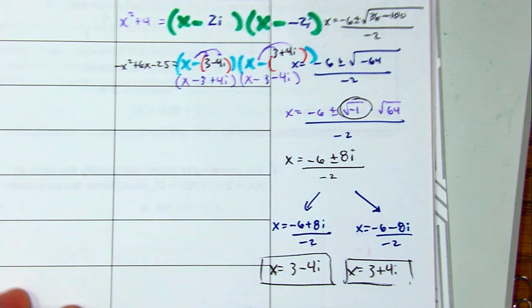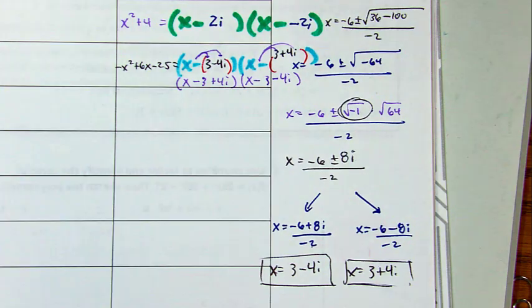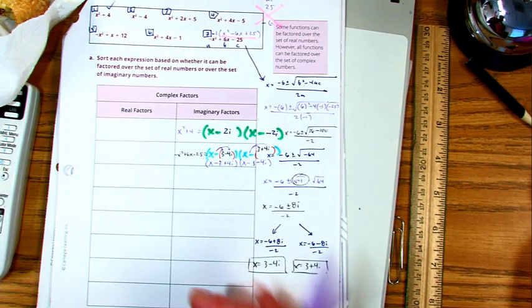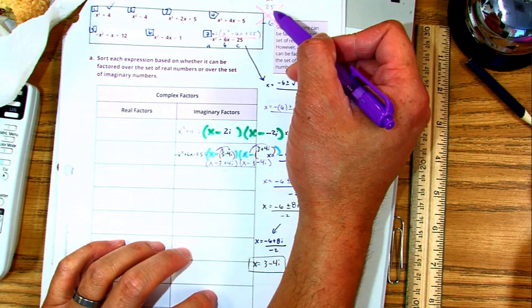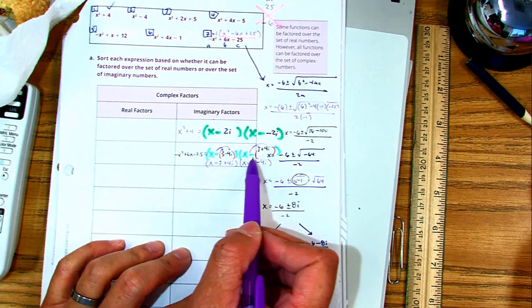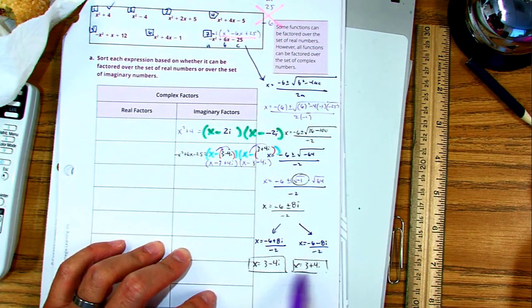So either in the blue or the purple here, these would be your imaginary factors. So we couldn't use the X puzzle or X box method of factoring to find my factors. We had to use the quadratic formula. We have imaginaries, and so now we put that underneath our imaginary factors.